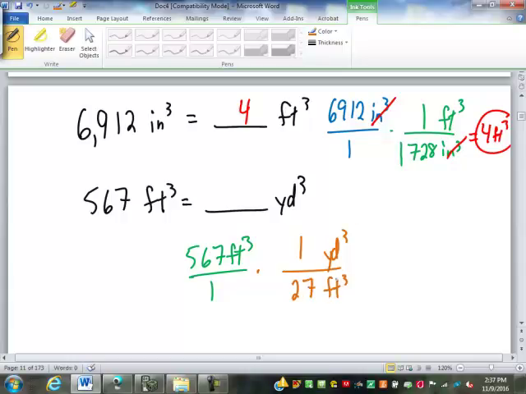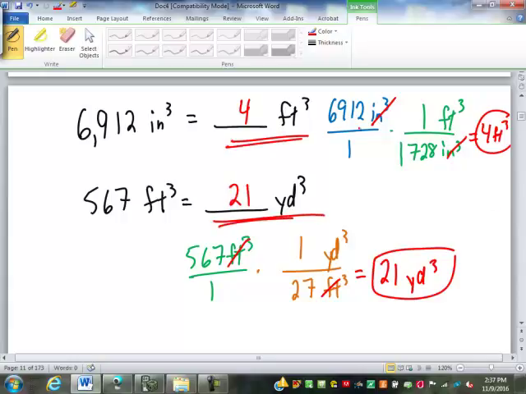Remember, it's 3 feet in the yard, so it's 3 by 3 by 3. 3 times 3 times 3. So the cubic feet cancel out. This one's going to be divided by 27. 567 divided by 27 is 21 cubic yards. Any questions on those?